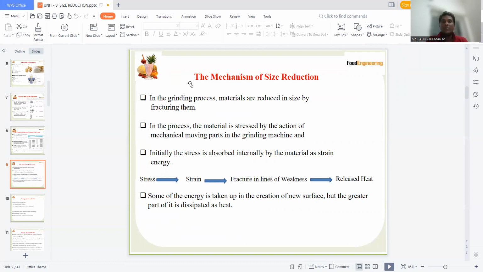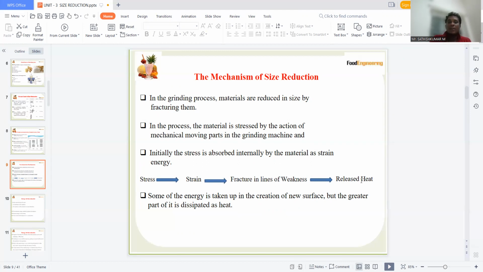For example, when you give stress to a particular unit, it will break down into several pieces. It leads to strains in the solid materials. The strains lead to fracture along lines of weakness, which leads to breakdown of solid materials into different sizes and also releases heat.